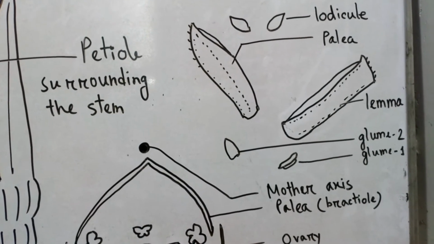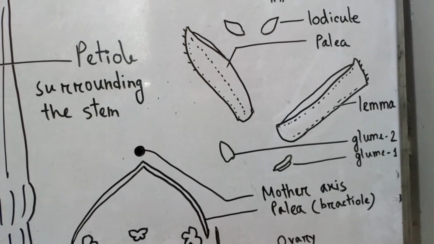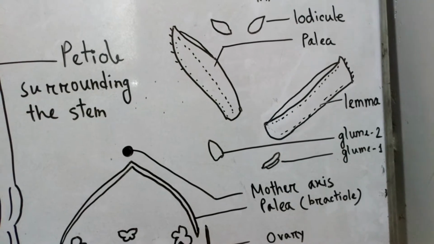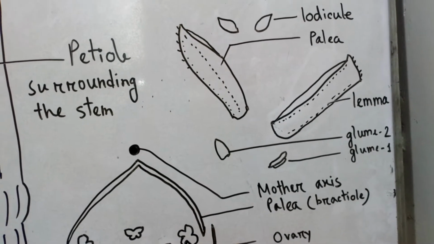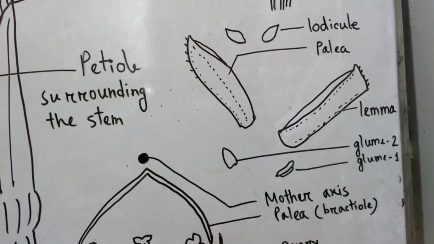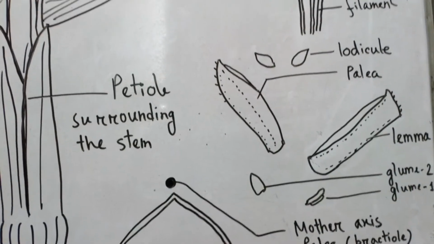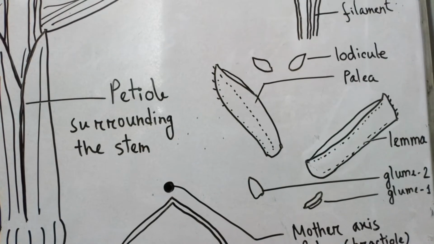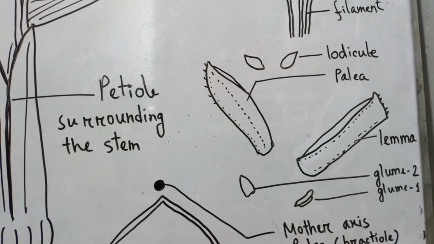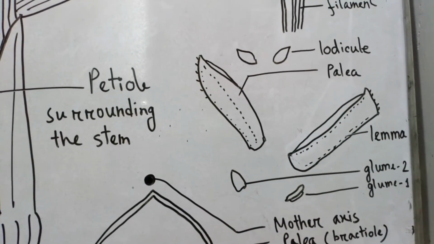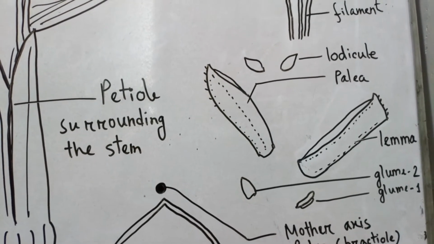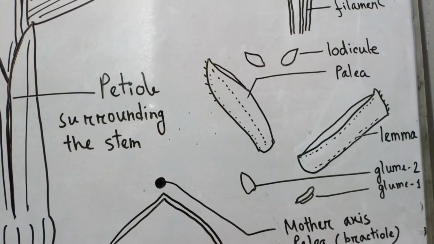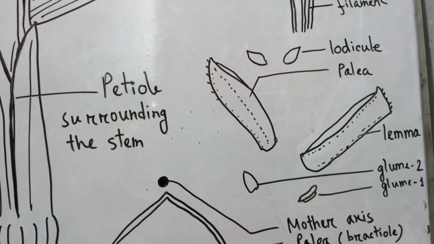Above these non-fertile glumes, there is the flowering glume which is called lemma. Lemma is also known as bract. Above the lemma, there is the palea. This palea is actually a bracteole, and in its axil the flower grows. Here the lodicule is the perianth.